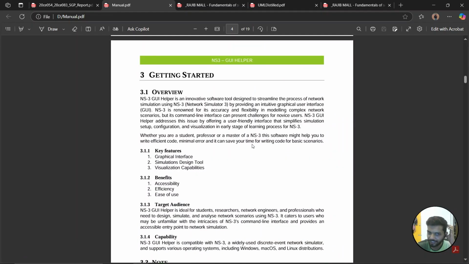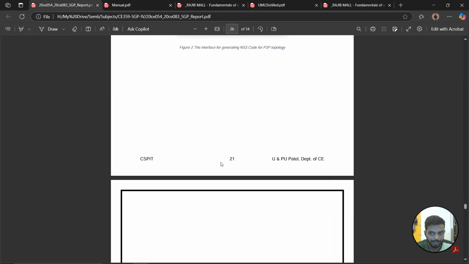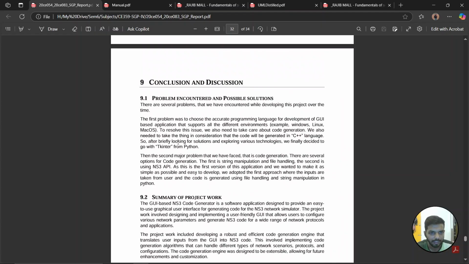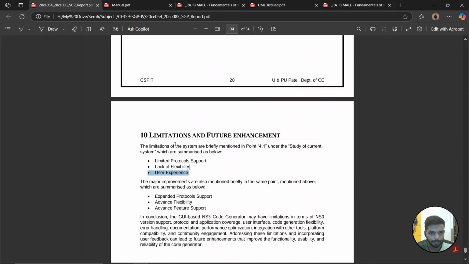There were a couple of things that we had to rethink, but we wanted to focus on these two limitations: that it doesn't include much support for protocols, and there is less user experience.